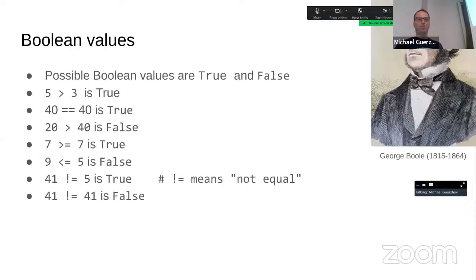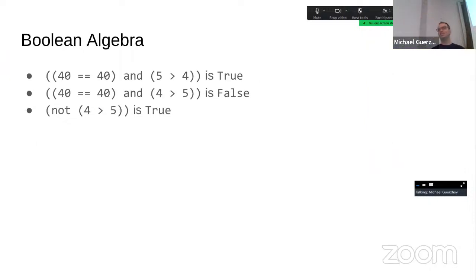So Boolean algebra, why did this guy get something named after him? He invented Boolean algebra. The idea is you can write compound expressions that involve Boolean values and have Boolean values, the same way that arithmetic expressions have values that are numbers.